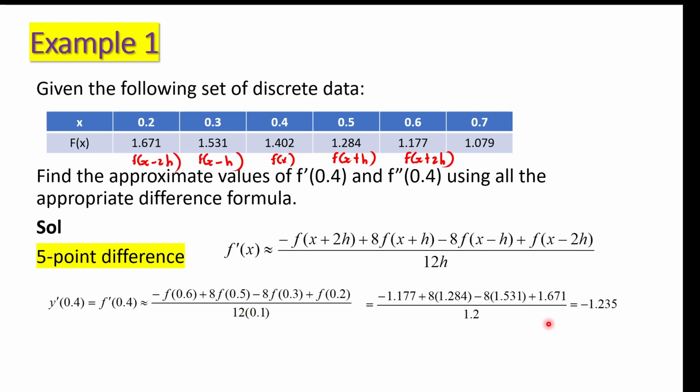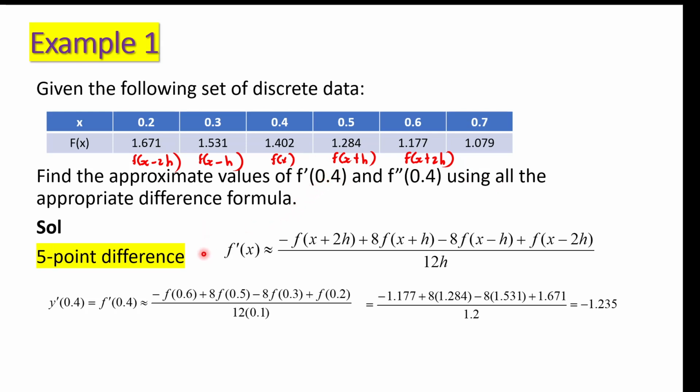Calculate in one step, you get negative 1.235. So you see, for this example, you can calculate the first derivative using all 6 formulas.